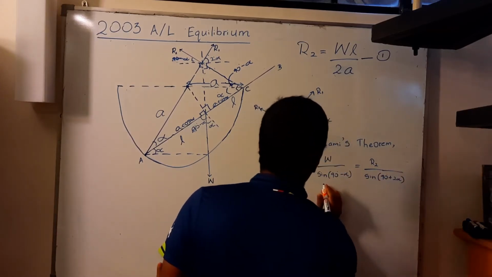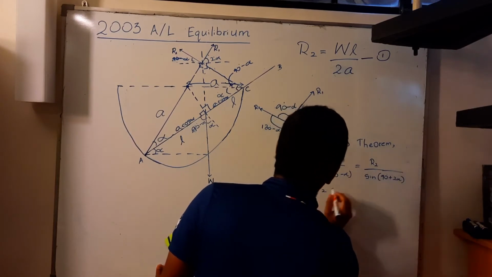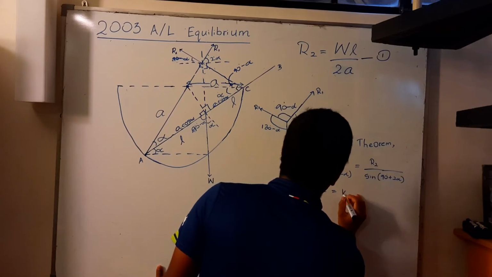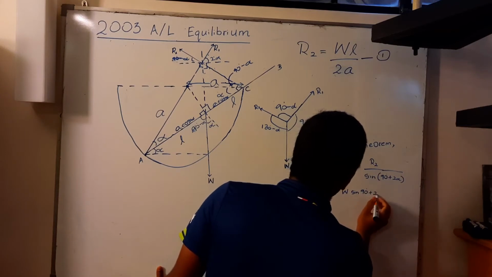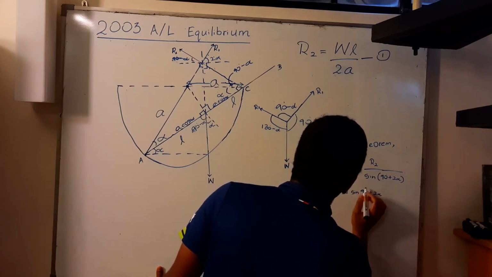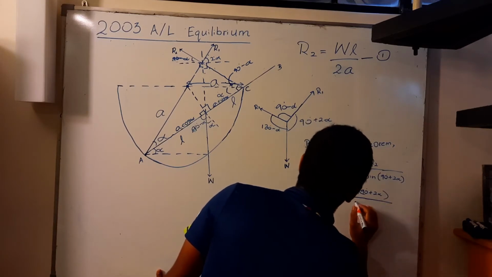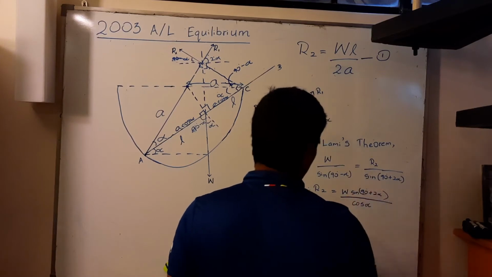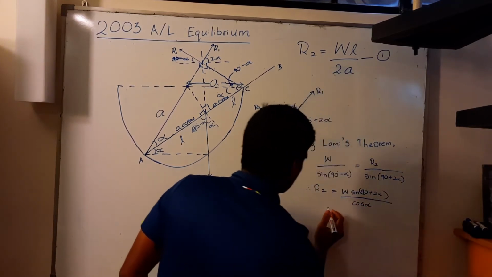So then, making R2 the subject, R2 equals W times sine of 90 degrees plus 2 alpha over sine of 90 degrees minus alpha. Sine 90 degrees minus alpha is cos alpha, and sine 90 degrees plus 2 alpha is cos 2 alpha.